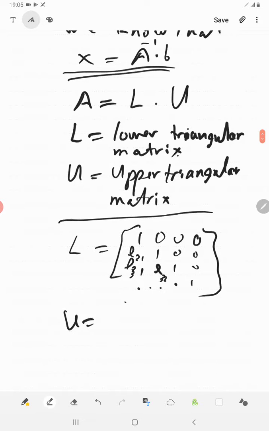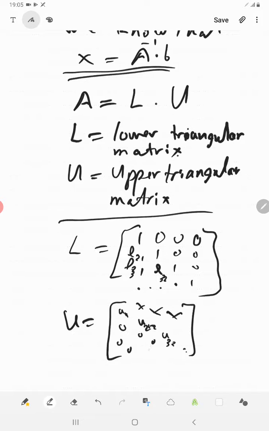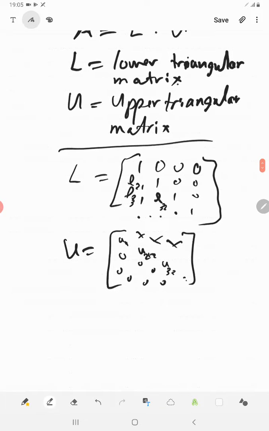While U is equal to, let's say, U11, U12, U22, U33, and so on, with zeros in the lower part. So we can utilize the lower triangle matrix for forward substitution, and the upper triangular matrix we utilize for backward substitution.